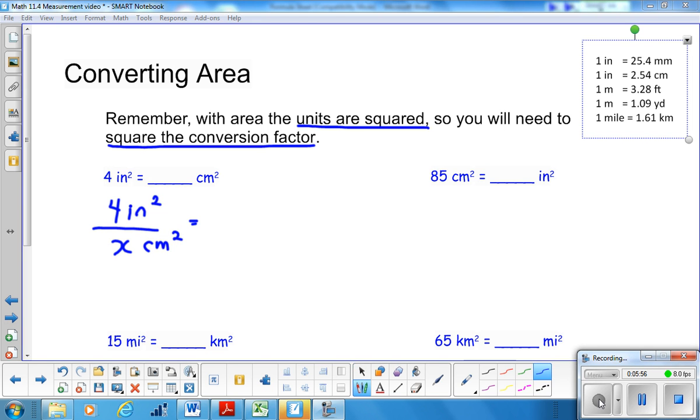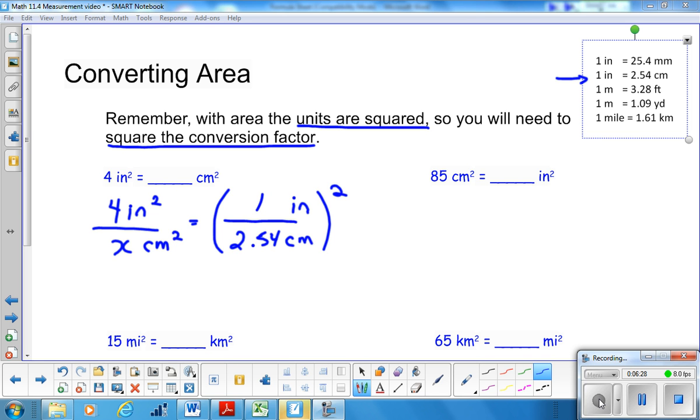Sorry about the interruption. So if we are converting 4 square inches and we want to figure out how many square centimeters it is, we need to set up the proportion the same way. So on the other side, I need inches on the top and centimeters on the bottom. Our conversion factor says that 1 inch is 2.54 centimeters. But because we are dealing with squared units, we need to square that side of our proportion.